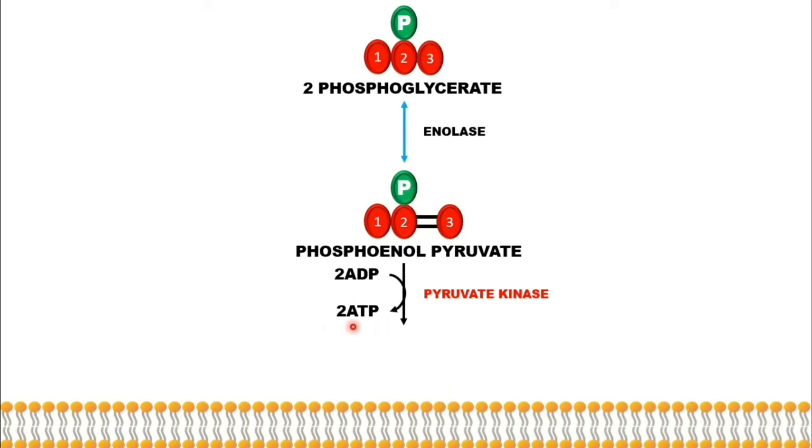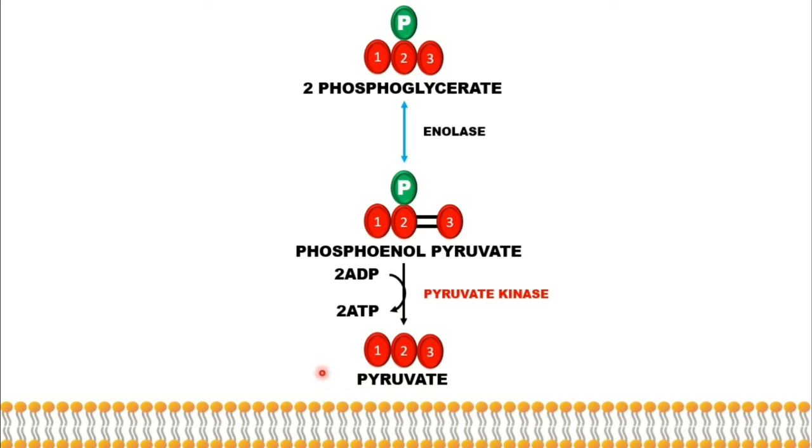And in the previous reaction, we produced 2 ATP. So 2 plus 2, we have produced 4 ATP. In the beginning, we had consumed 2 ATP. Then phosphoenol pyruvate is converted to pyruvate, and pyruvate is the end product of glycolysis.